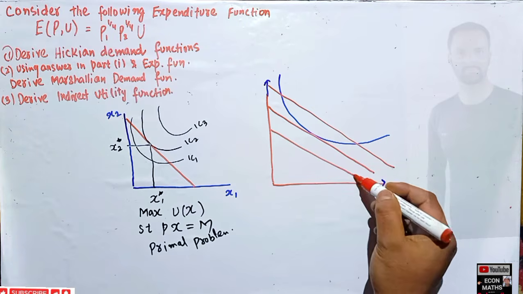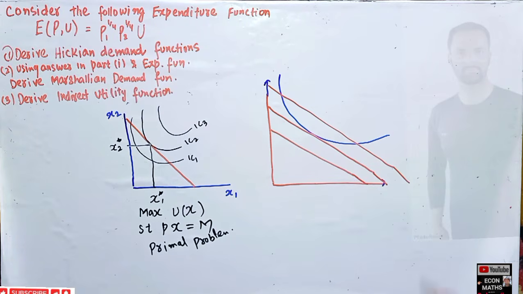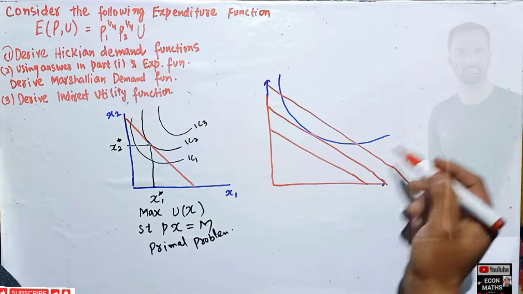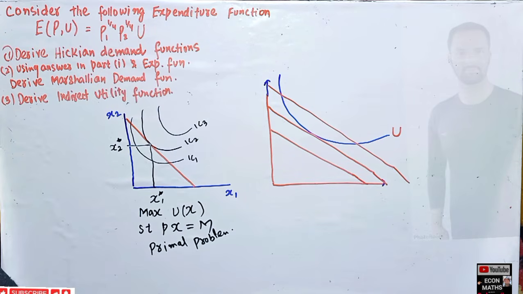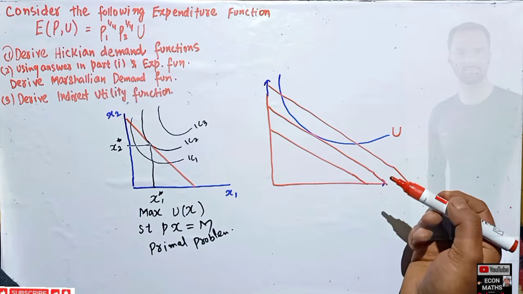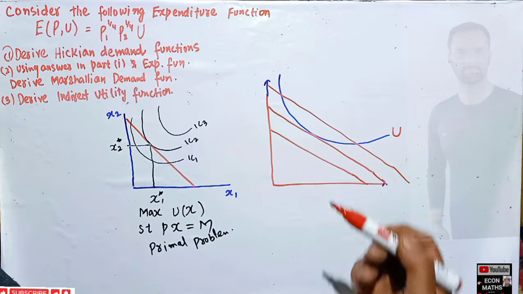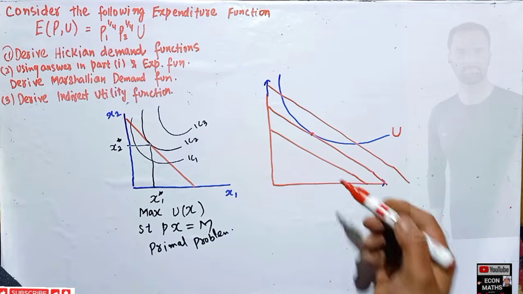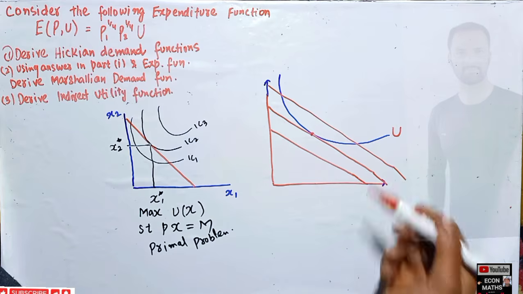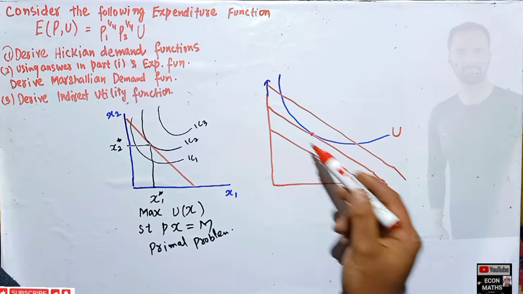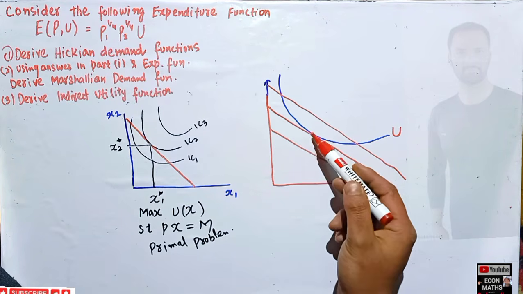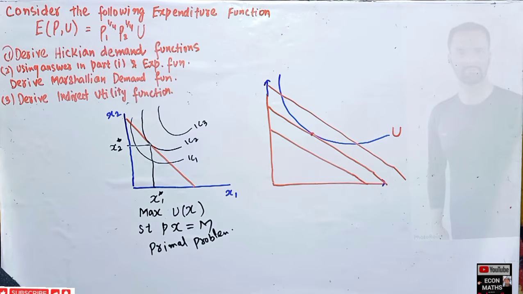Let us say we have three expenditure curves here, budget curves. To reach this utility, what will the consumer try to do? He will try to achieve the optimal bundle with the minimum budget possible. That means we have to minimize the expenditure so as to reach the given level of utility.